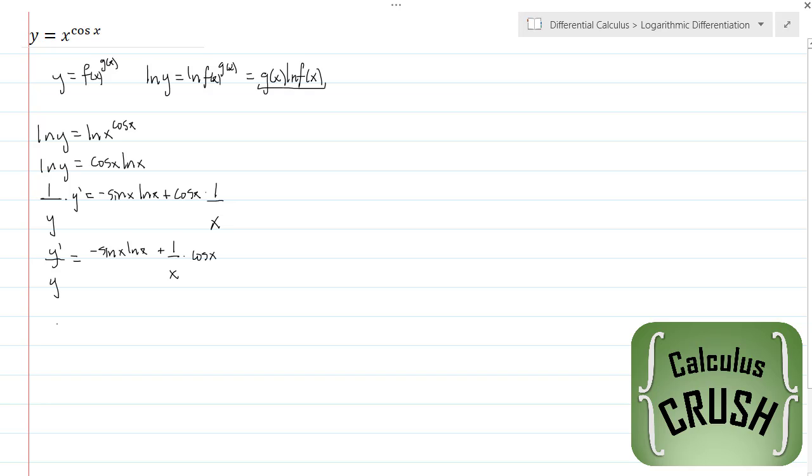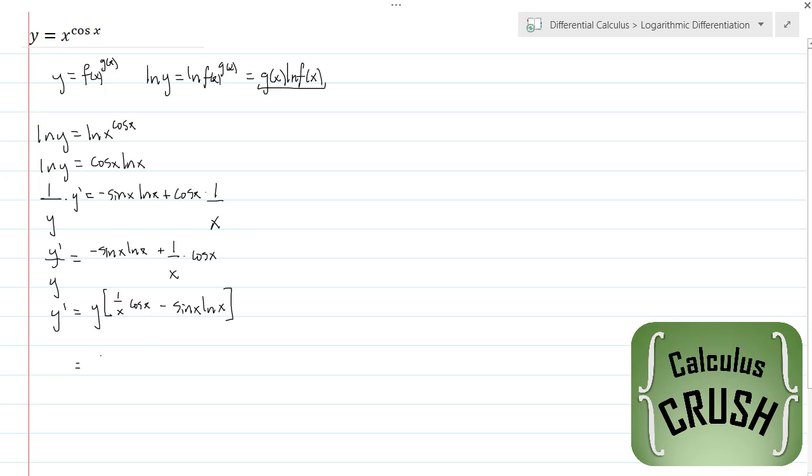Most importantly, we need to move the y up, so we isolate y prime. So y prime is equal to y times, and since we've got a negative here, I'm going to switch the order. So we've got 1 over x cosine of x minus sine of x ln x.